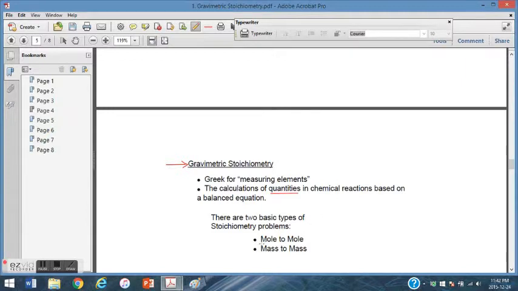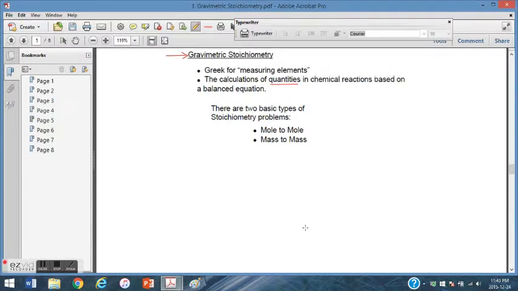There's two basic types of problems: mole to mole or mass to mass. Mole to mole is probably the easier of the two types. Mass to mass is not any more difficult, it's a little bit more time consuming because we generally have two extra steps that we have to go through.